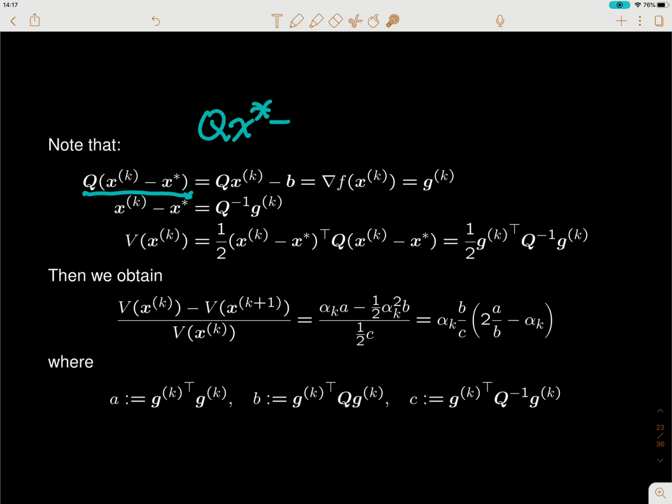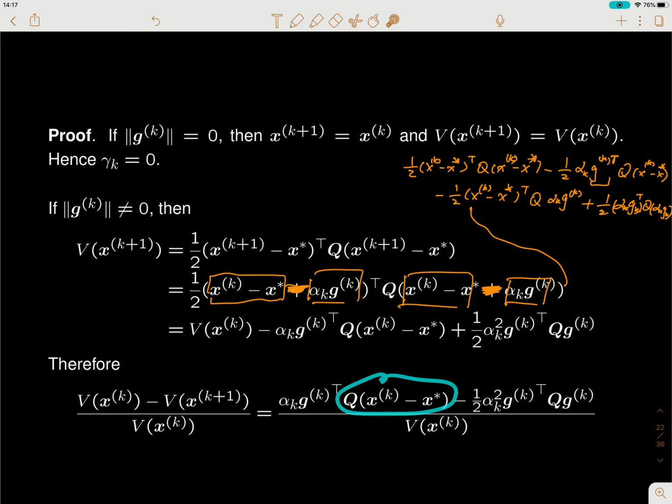That's the property of x*: because it's a minimum, the gradient is equal to 0, so Qx* must be equal to b. That's why we can replace Qx* by b here. That will be just Qx_k minus b, which is the gradient of f at x_k. By the definition of g_k, that's just the gradient at x_k. So this is simplified to that, and this term is just g_k.